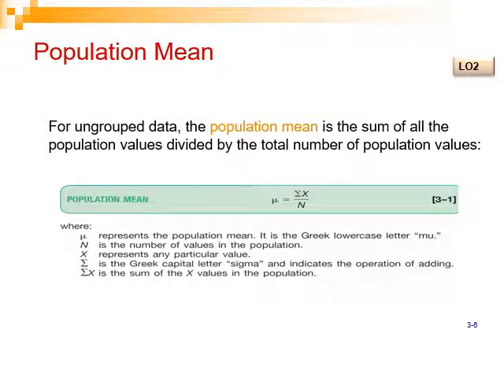First, we will take the population mean. For ungrouped data, that is the raw data, the population mean is the sum of all population values divided by the total number in the population. If we have a population, say, in the Department of Statistics, of 10 students, then the population is 10.